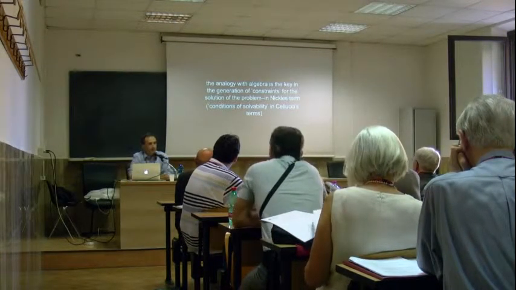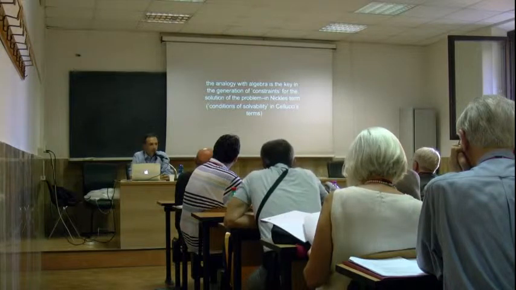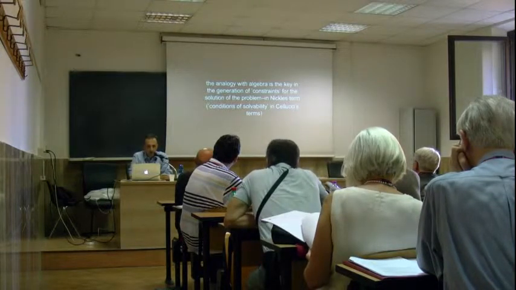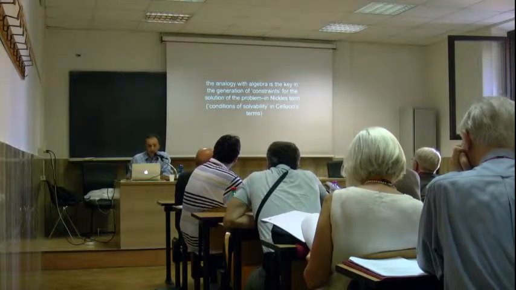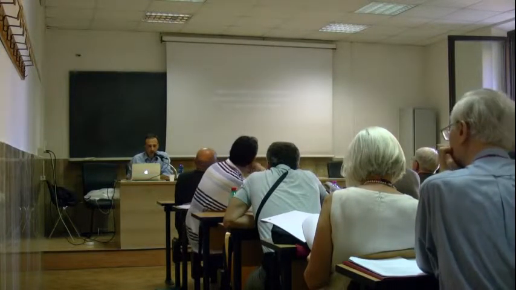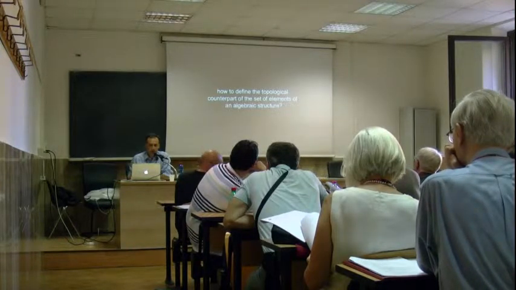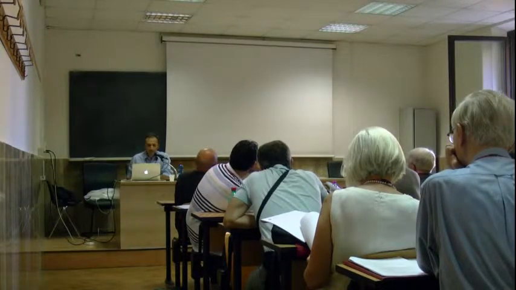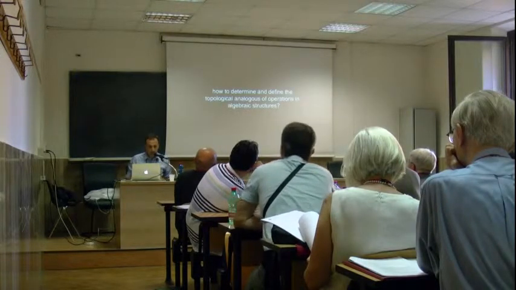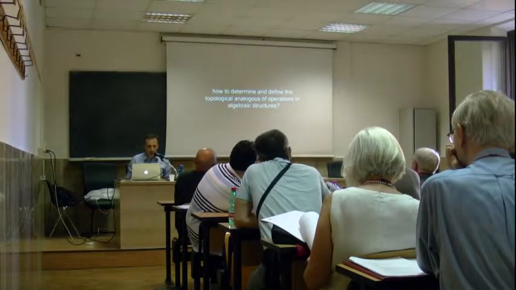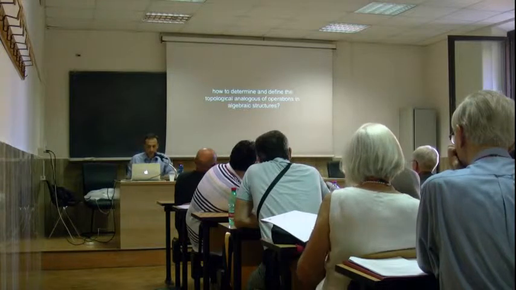Constraints in Thom's terms, or conditions of solvability in Cellucci's terms. And the main problem, obviously, is how to define the topological counterpart of a set of elements of an algebraic structure, how to determine and define the topological analogue of a progression in an algebraic structure.